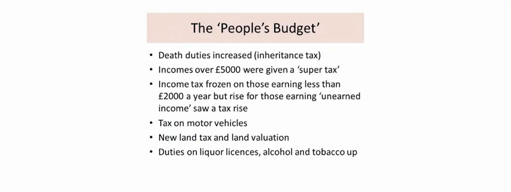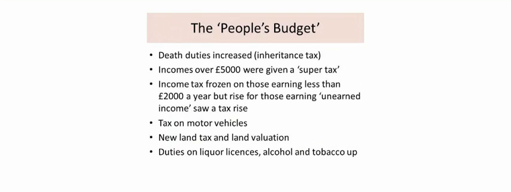People who earn £2,000 a year are very wealthy, very firmly middle class, probably even small businessmen. But deliberately making sure that they did not get hit by the income tax rise is very much something which is dividing society into them and us, i.e. the richest of the richest aristocrats and everyone else, as well as the tax on motor vehicles, land tax, obviously the aristocrats owned land.